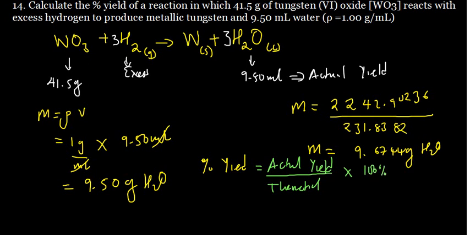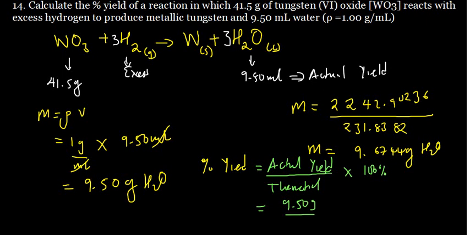All right. Now, the theoretical yield is always greater than the actual, because for you to have the actual yield, there are always some losses. That is why the actual yield is always smaller than the theoretical. So you don't find the actual being greater than the theoretical because of losses in the reaction. So the actual is 9.50 grams.